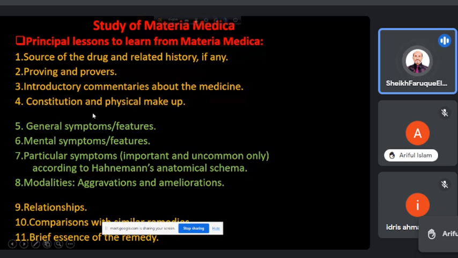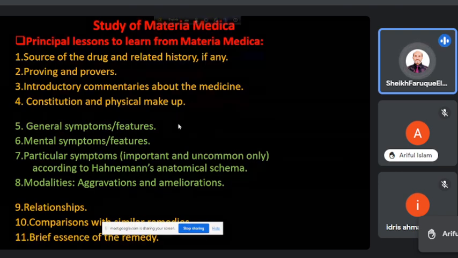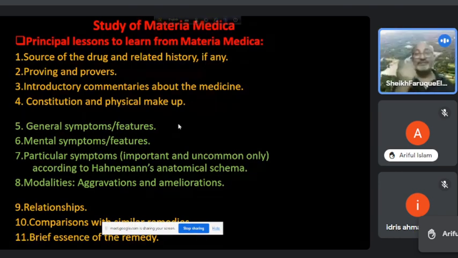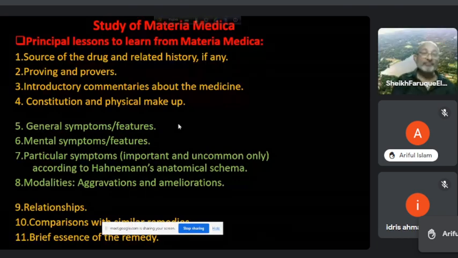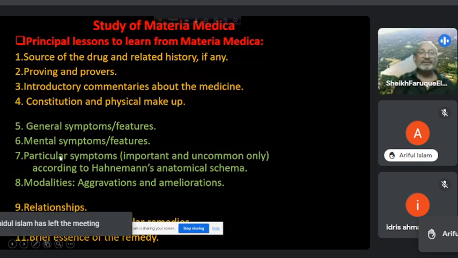After general symptoms and mental symptoms, these two you must learn very well, because for most of the medicines we prescribe, 75% of the information we get is from the general and mental symptoms. But also you must learn all the particular symptoms.